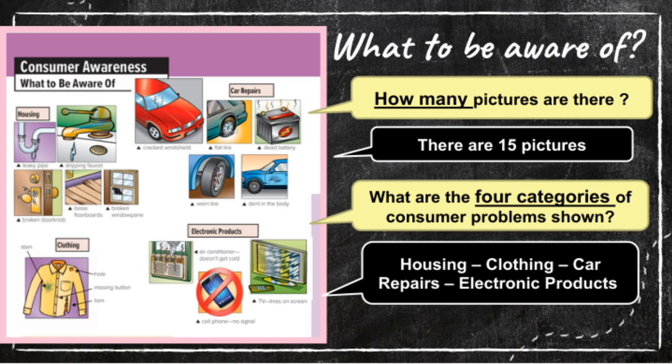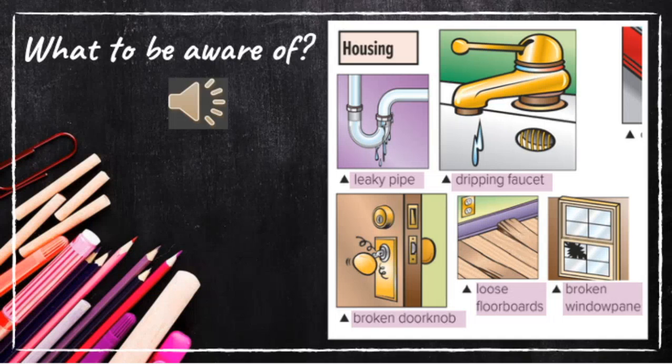For example, understanding potential issues with electronic products might make you more cautious when purchasing or handling warranties. Overall, this slide emphasizes the importance of recognizing typical consumer problems across different areas of life. Being aware of these issues allows us to better address them when they arise and make smarter choices in our everyday transactions.